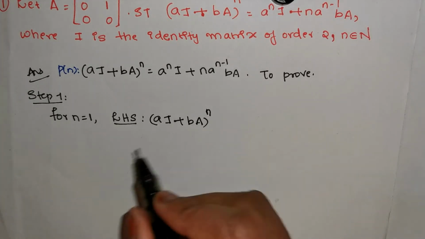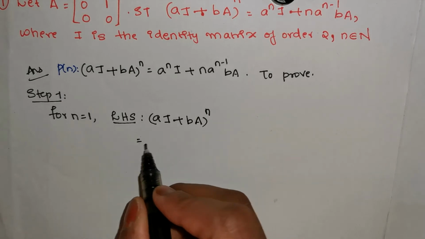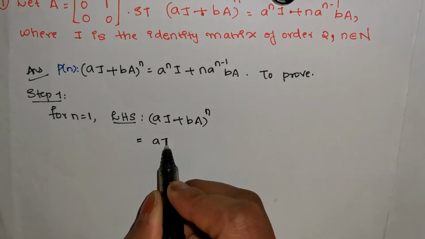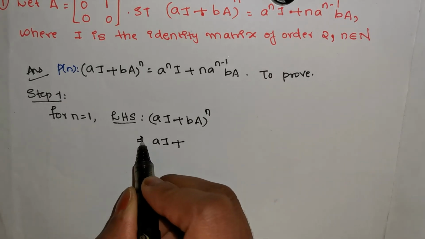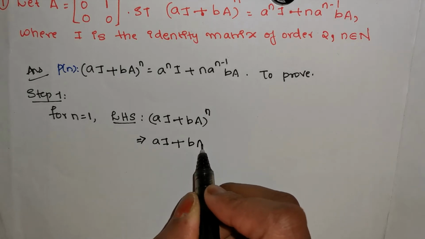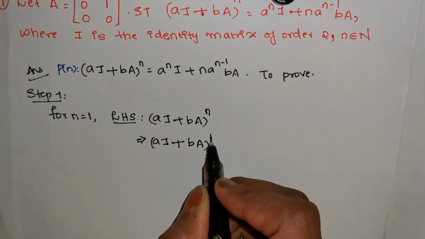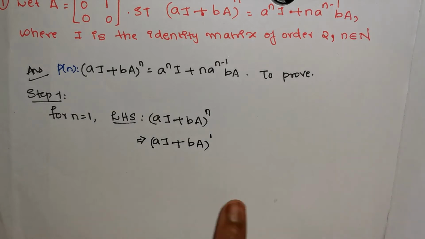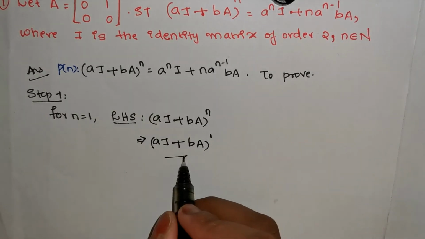So n is equal to 1. How it will come? (aI + bA) whole raised to 1. So instead of n I can substitute the 1 here. So this is my LHS.